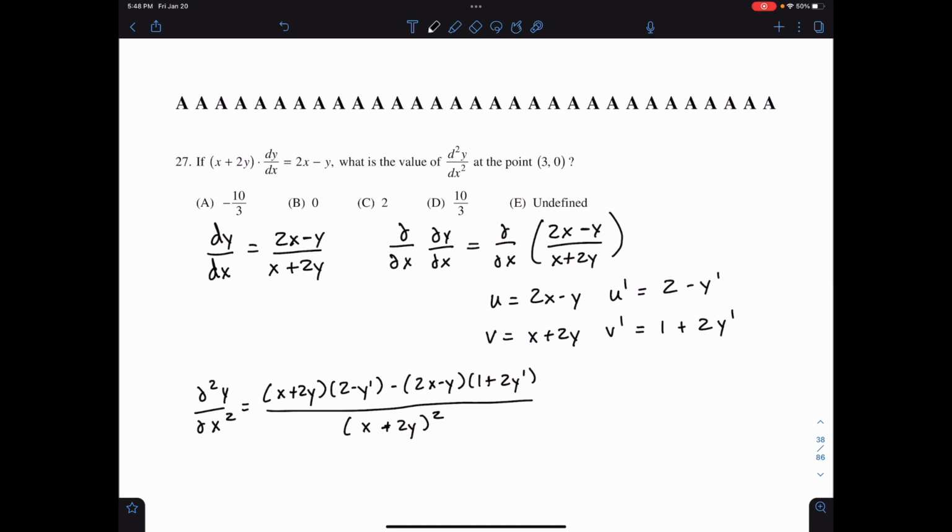All right, so now I got something really big, but I found my second derivative of y.